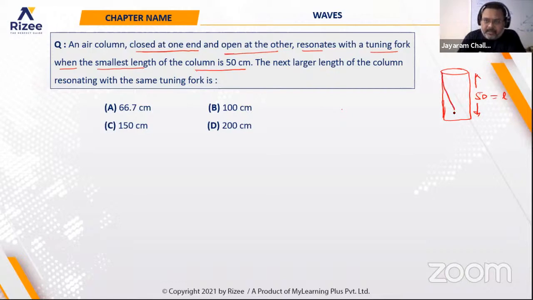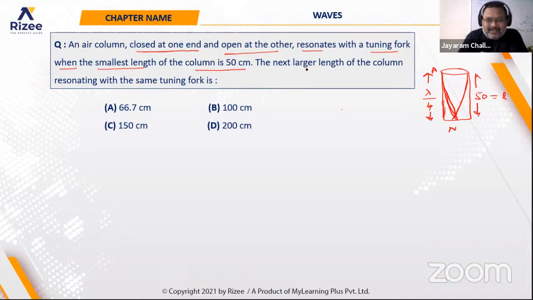The minimum length for a closed pipe will be lambda by 4, so length is equal to lambda by 4 here. At this particular point, you will get a single stationary loop where a node is formed at the closed end and an antinode is formed at the open end.